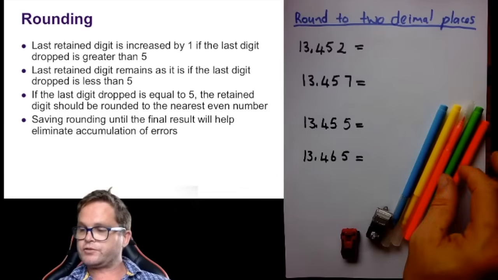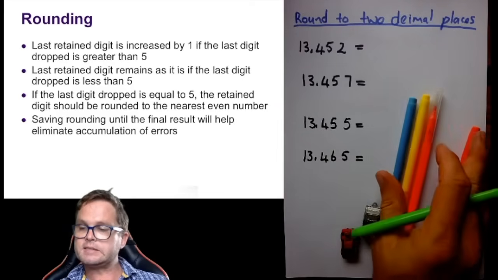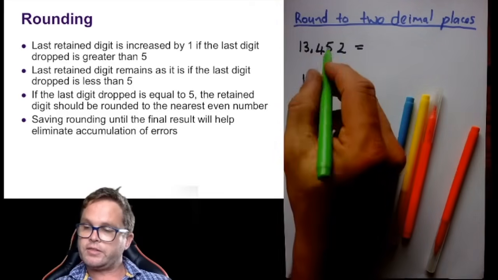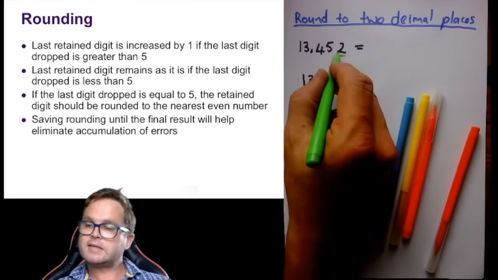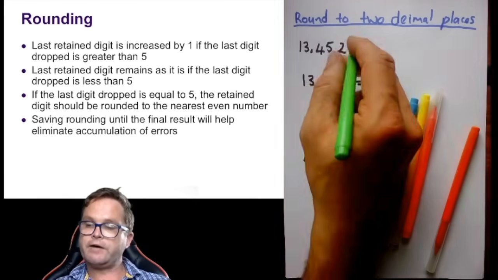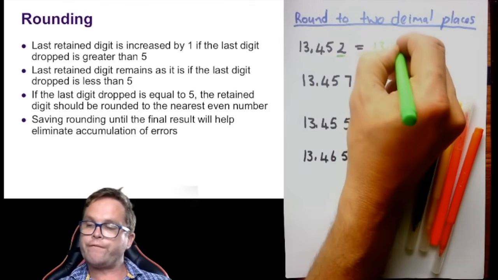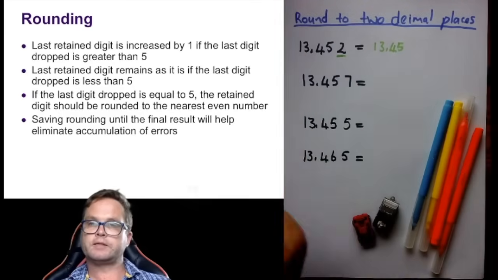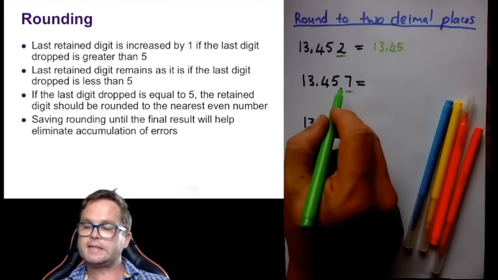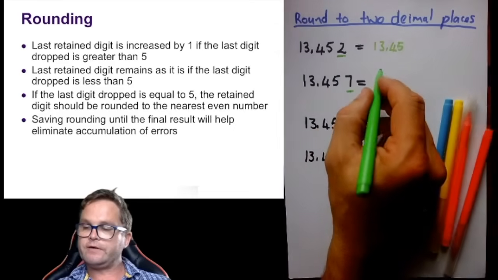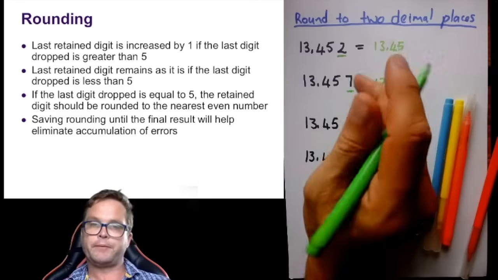To illustrate this first rule, if the question reads round off to 2 decimal places, then the digit to be dropped in this case is this last digit. In this case, this last digit is less than 5, so we round this off, of course, to 13.45. It's covered by the first point. In this case, if we are asked to round this off to 2 decimal places, here it's greater than 5, so this will be 13.46. We round off up.